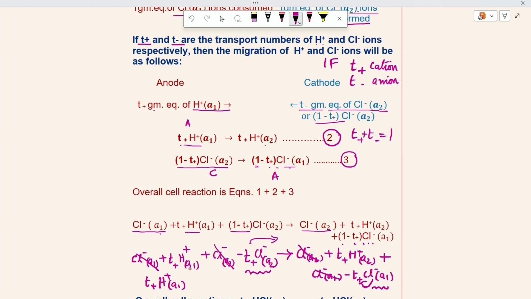So, this when it comes over here becomes positive, becomes t+ of Cl− of activity 1. Okay. On the other side, we will have t+ of H+ of activity 2 plus t+ of Cl− of activity 2.